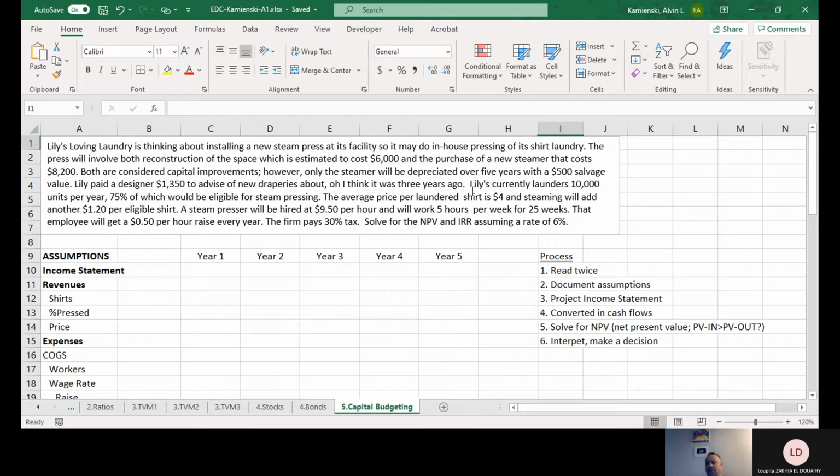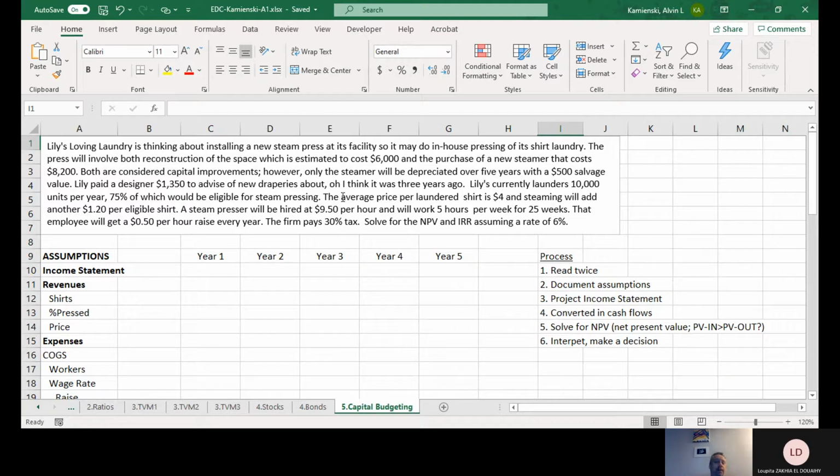Right now, then, here's what Lily's manufacturing operations look like. She launders 10,000 units, shirts, per year. Now, not all of those shirts are going to be pressed, just some of them. Some people like their shirts just cleaned, some people like them cleaned and pressed. She estimates about 75% of them would be eligible for that steam pressing.